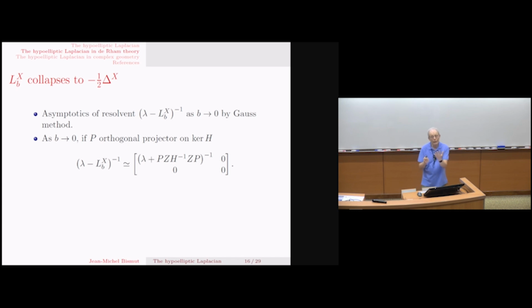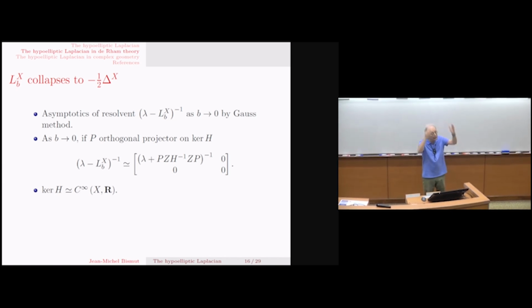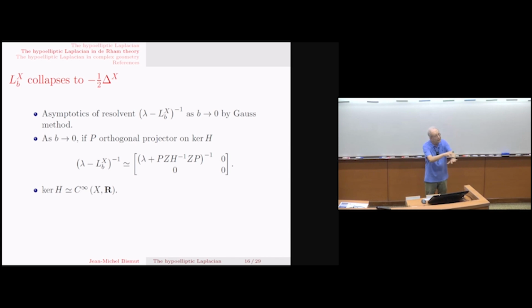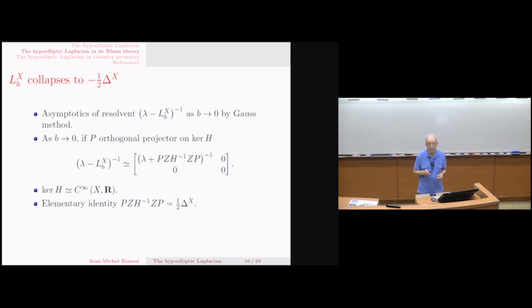If you just do this formally in our infinite dimensional case, what you find, first of all, is that the kernel of H consists of functions which are Gaussian along the fiber. This is the same as functions on the base. So the kernel of H actually are just functions on the base. And if you compute in this infinite dimensional case P Z H^-1 Z P, what you get is half the Laplacian.